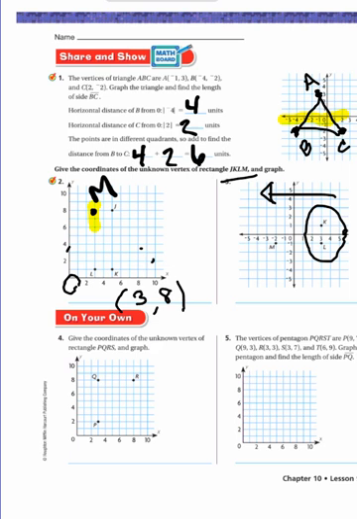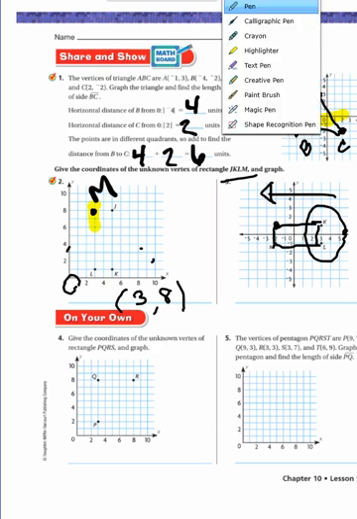So K is 2 units directly above L on the y-axis. So we need to come over to M and we need to jump up 2 units and plot a point. Go ahead and connect. In a perfect world, that would be a perfect rectangle.